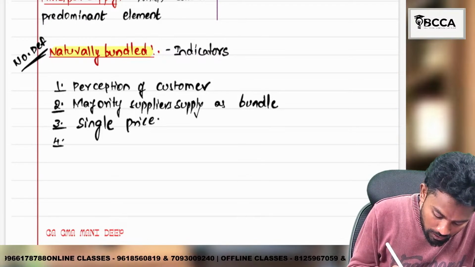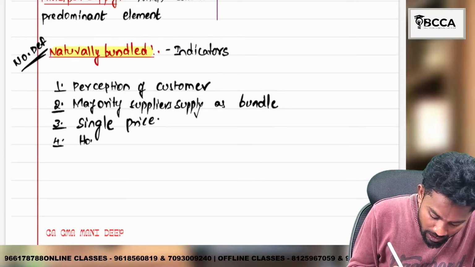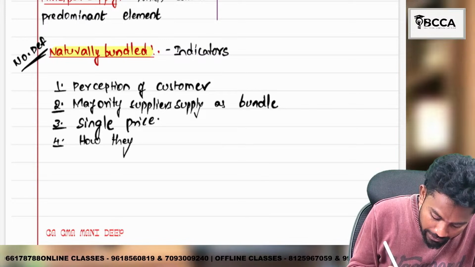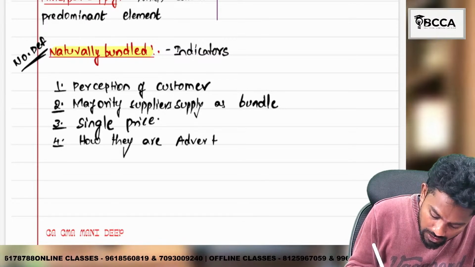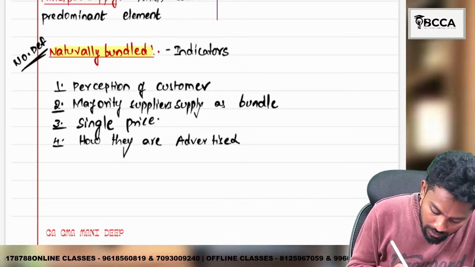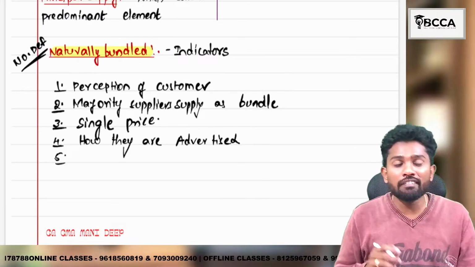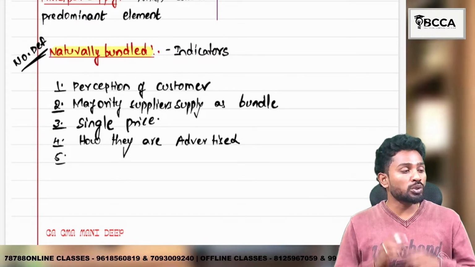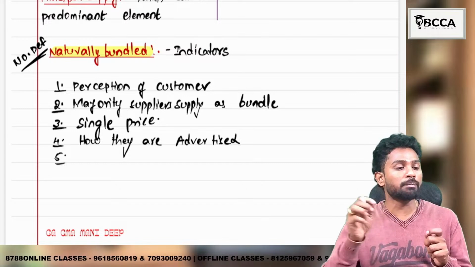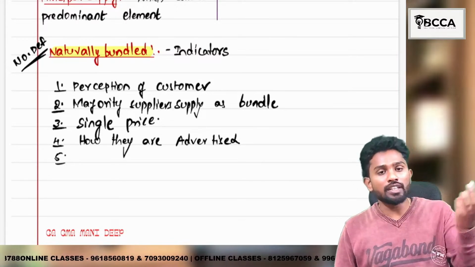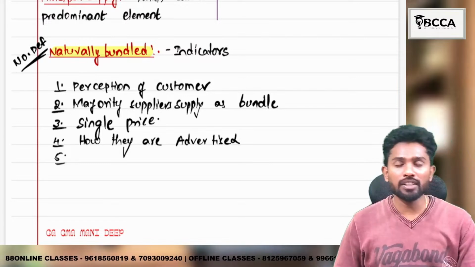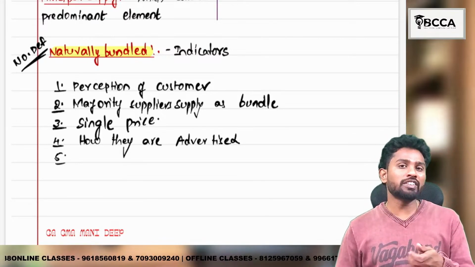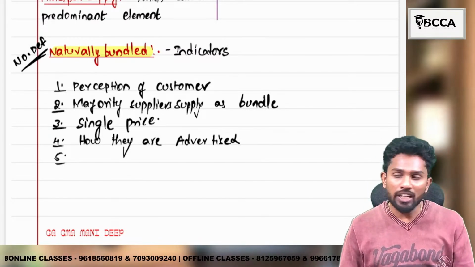Fourth one, how they are advertised. I mean, they are advertised as a single package. How they are advertised is also a parameter. Then fifth one, whether they are available separately or not. If those items are not available separately, as individual items, then we could say it is naturally bundled. Let's say usually along with a TV, if a remote is given, naturally bundled only.